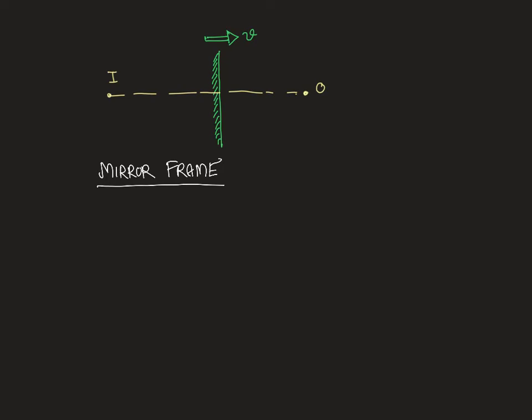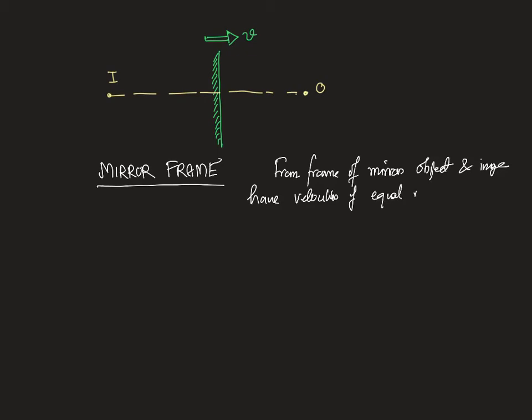Mirror frame is most useful because from the frame of the mirror, the object and the image have velocities of equal magnitude but in opposite directions.